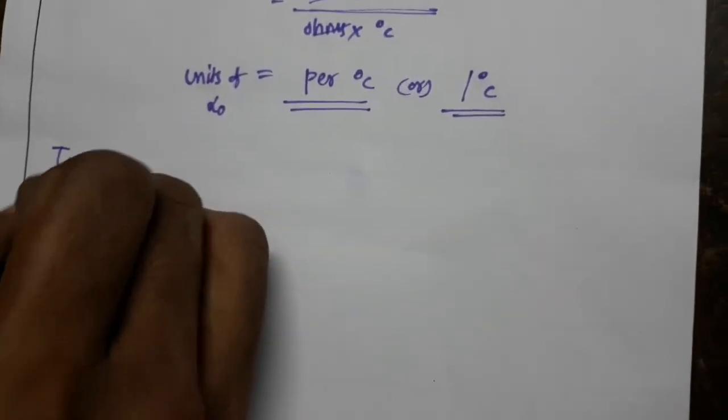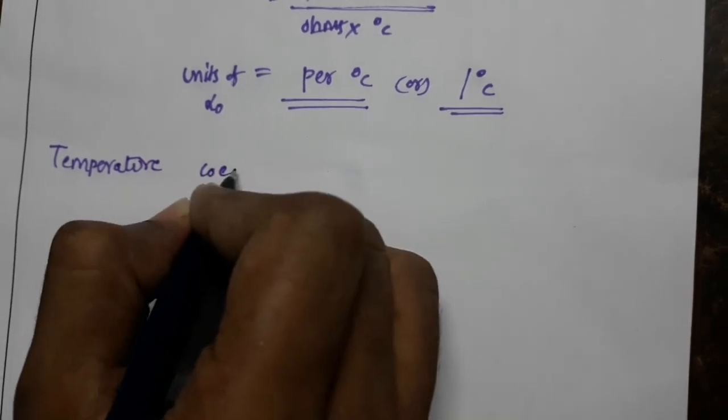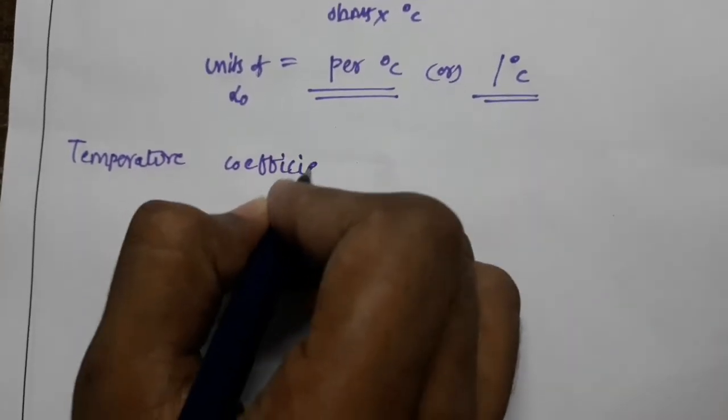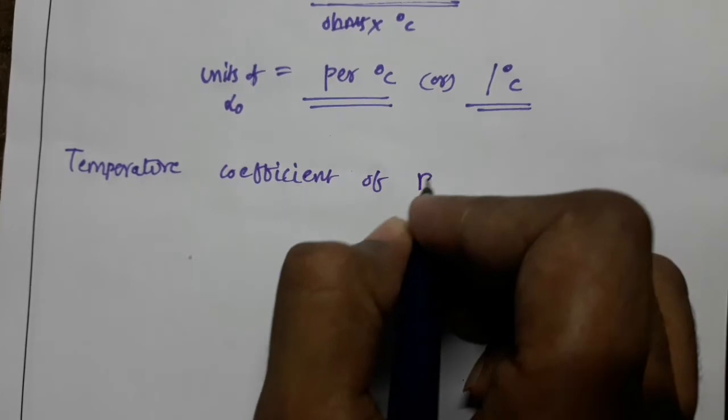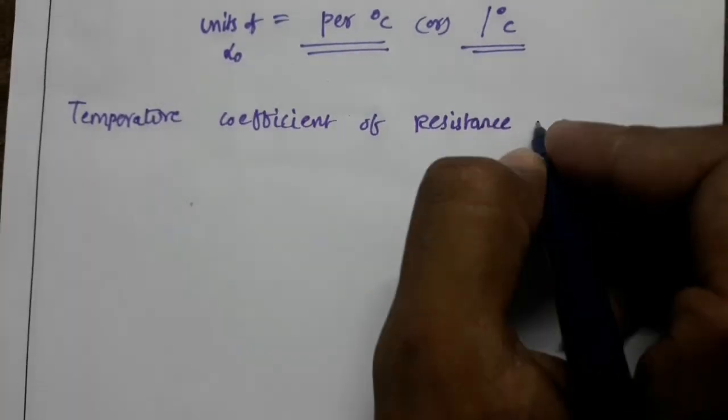Temperature coefficient of resistance, definition.